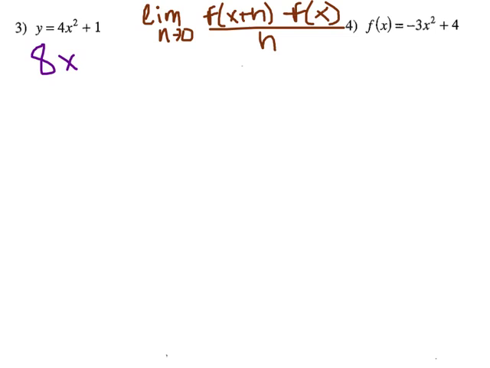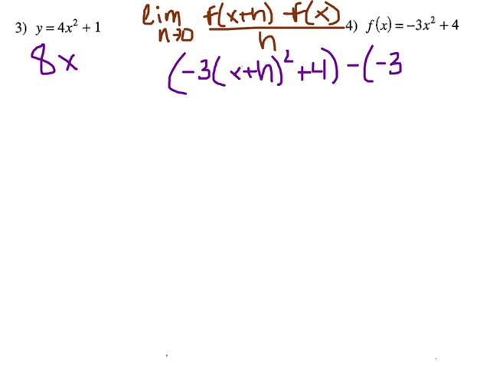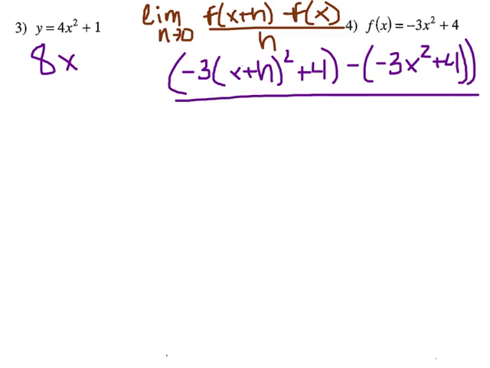I erased some of the work to give me a little more room for this number 4. So for number 4, we have negative 3 times x plus h squared plus 4, minus negative 3x squared plus 4, all over h. I think I put an extra parenthesis in there at the end, but that's okay.